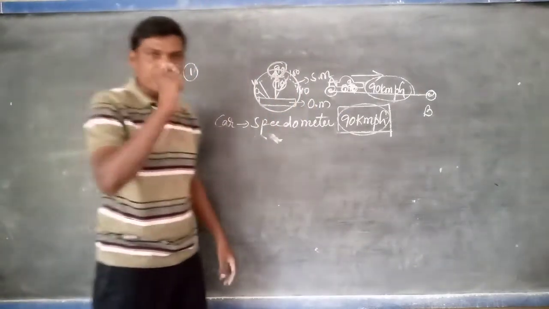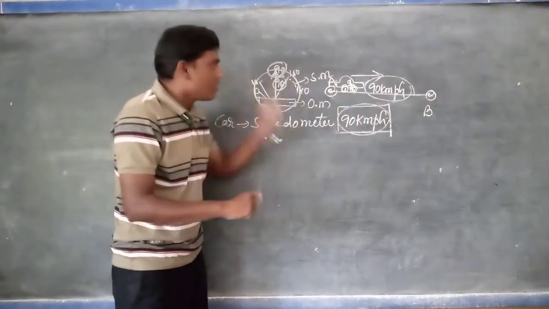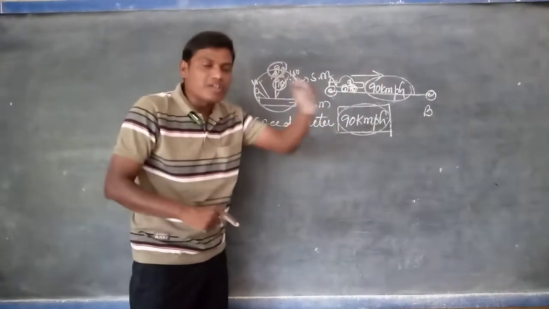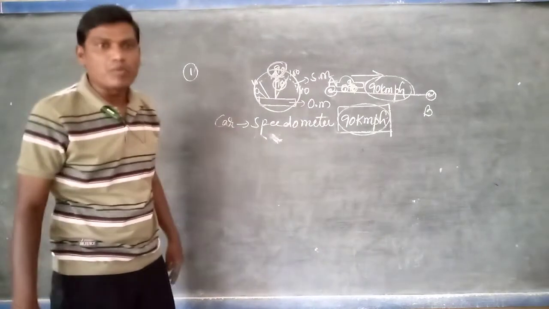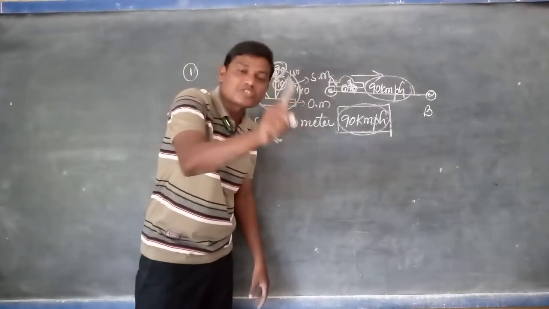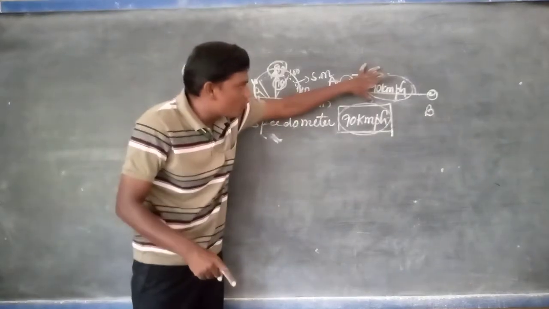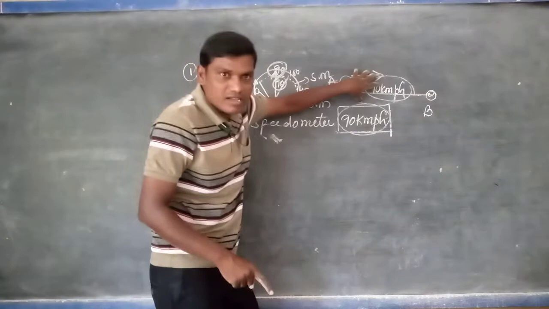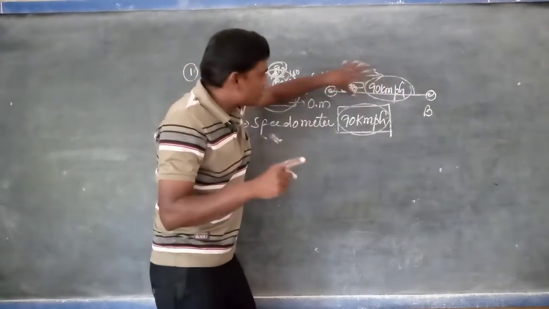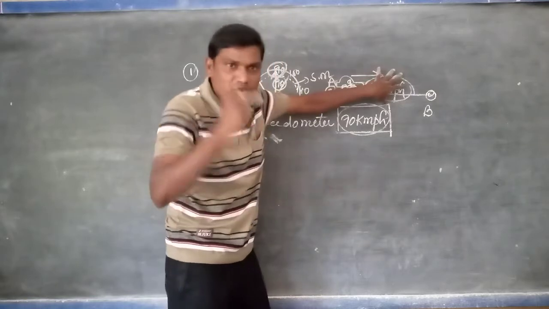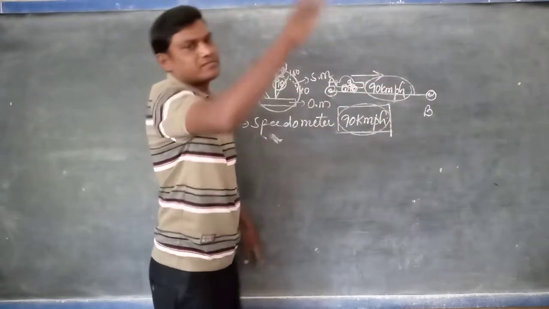When a body moves with constant speed, the body is in uniform motion. Here the body is in uniform motion, because when the body is moving with a constant reading, the speed of the car is constant, which means it is moving with a uniform speed.